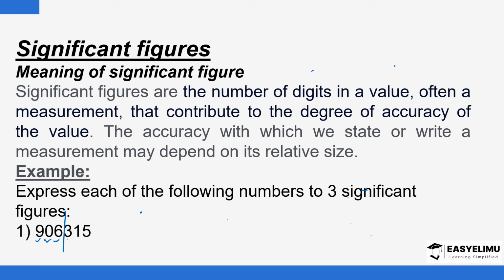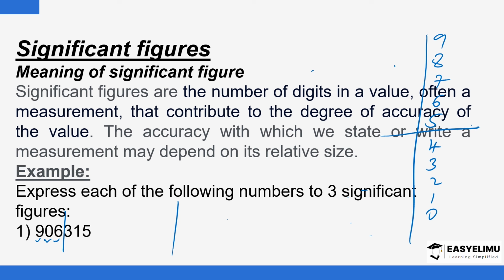Draw the cutoff line. Check the digit after the cutoff line, just like we did with the number of decimal places. So check the digit after the cutoff line, if it is 5 or more, it is in the upper category. Remember the numbers 0, 1, 2, 3, 4 are the lower category and 5, 6, 7, 8, 9 the upper category.